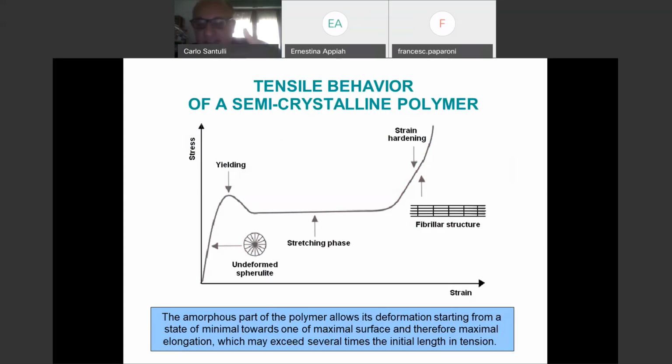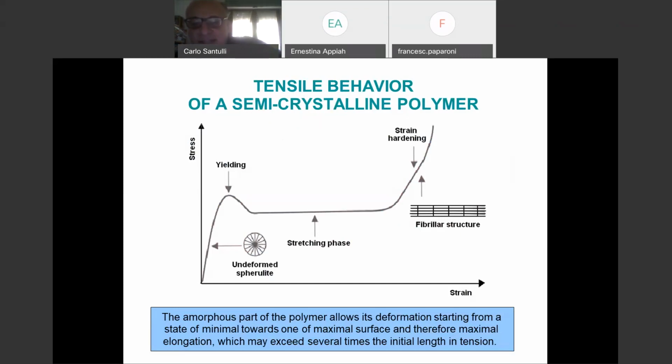You stretch it, because basically you start pulling it, and in the end you have some yielding, so you reach the elastic limit, and then the spherulite starts opening, and you get to a fibrillous structure.